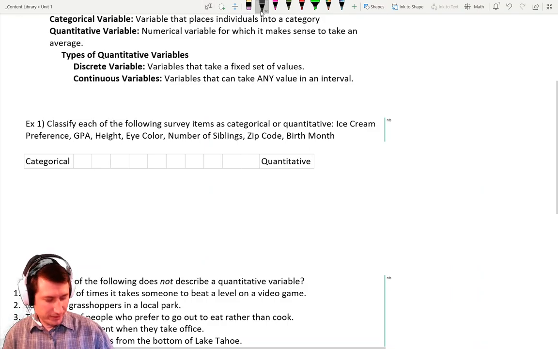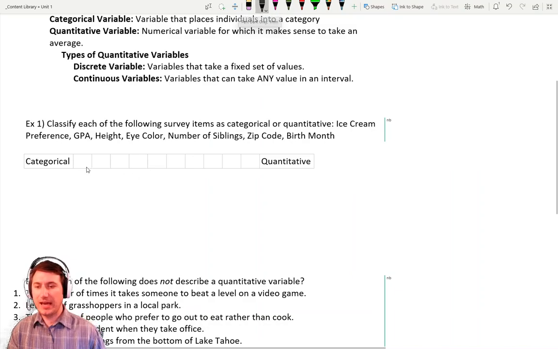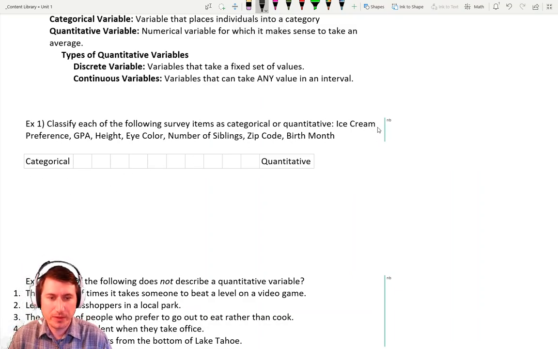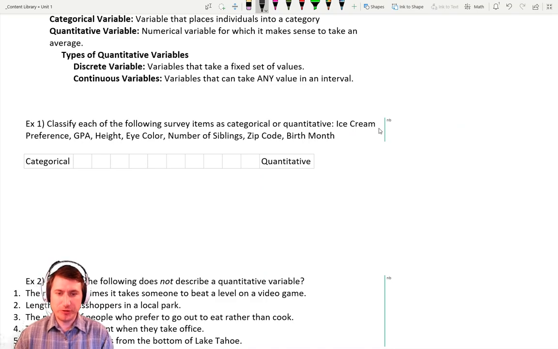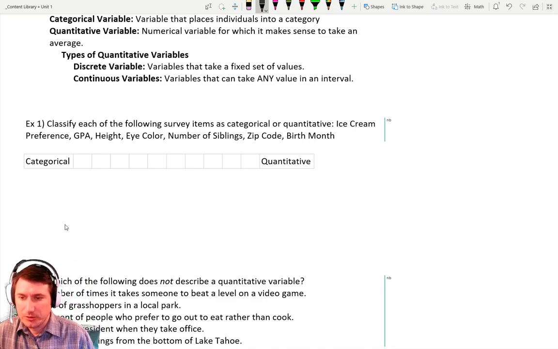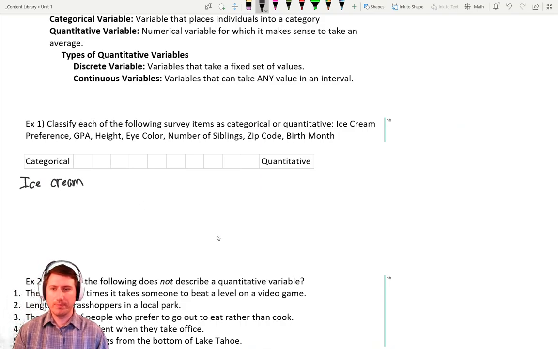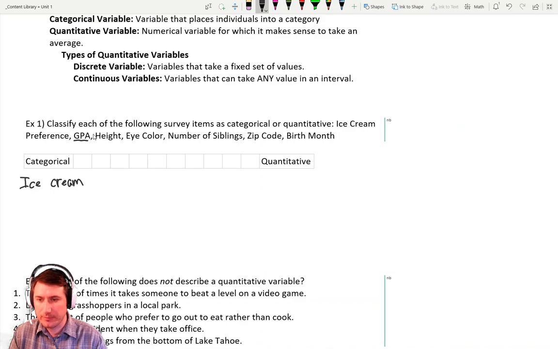All right, hopefully you've got it there. Let's take a look at these. Which one are these? The first one is ice cream. Is ice cream a number or a category? Definitely a category. You should be in the chocolate realm, hopefully, but ice cream, definitely a category. All right, GPA.